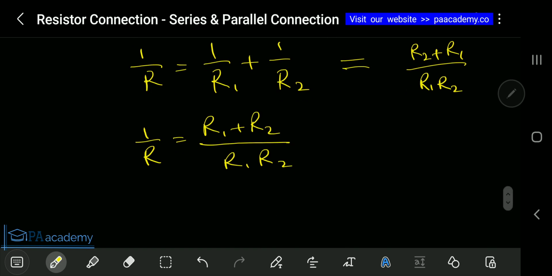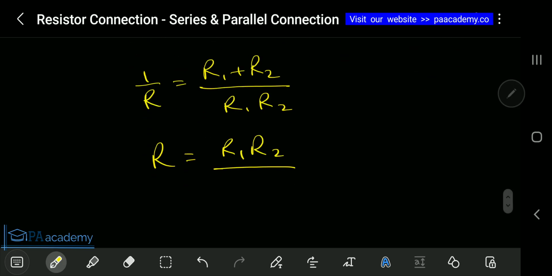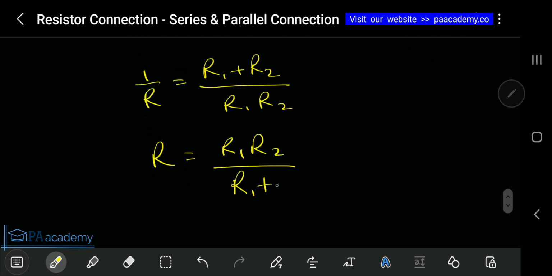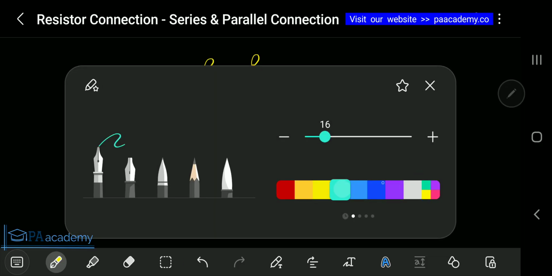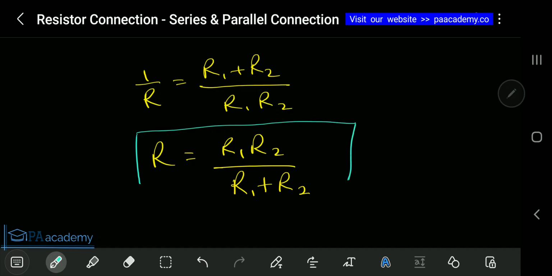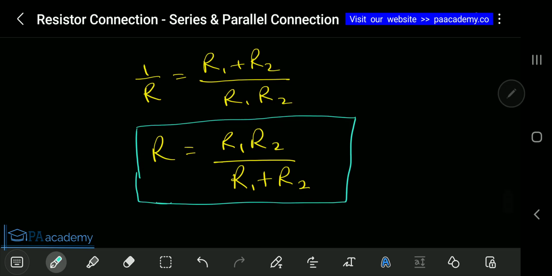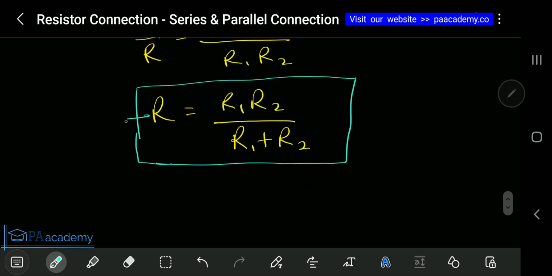We can decide to cross multiply, or just turn it around since this is 1 over R. So R equals R1, R2 over R1 plus R2. And what we have here is the value of the equivalent resistance for when resistors are connected in parallel. Like I said, this R is the same as RT. Some materials might write it as R with subscript T or R with subscript EQ.